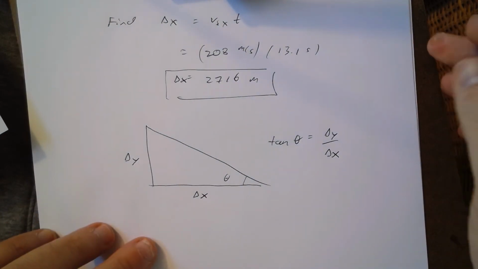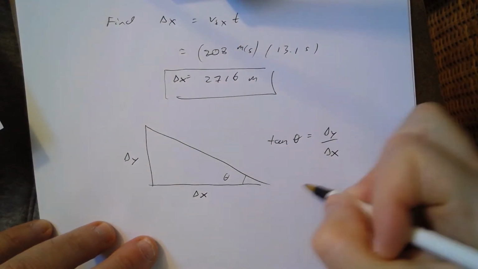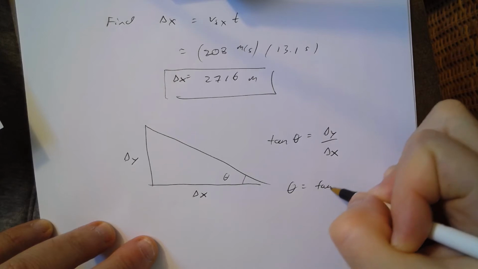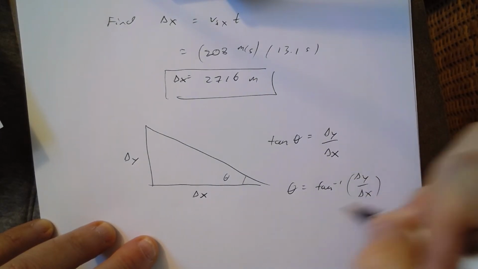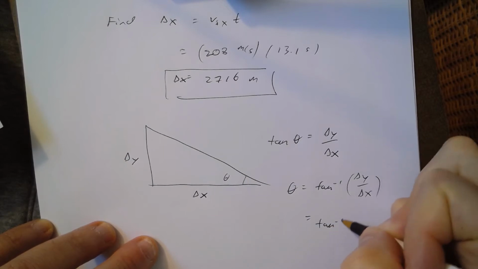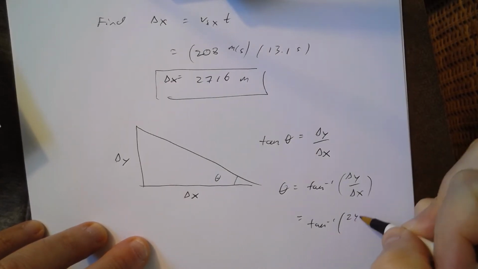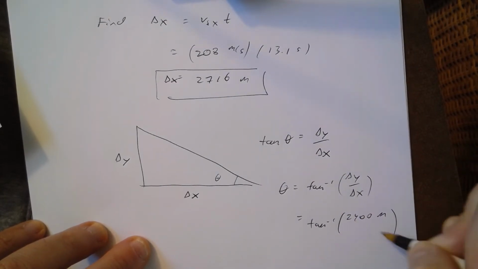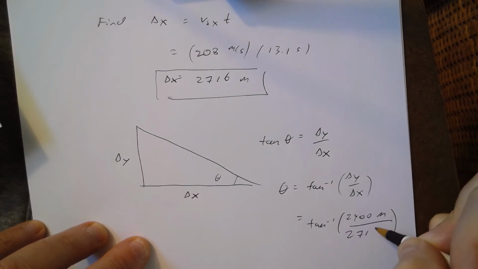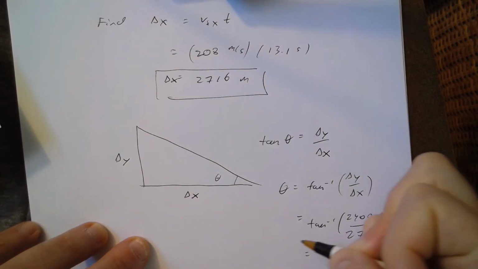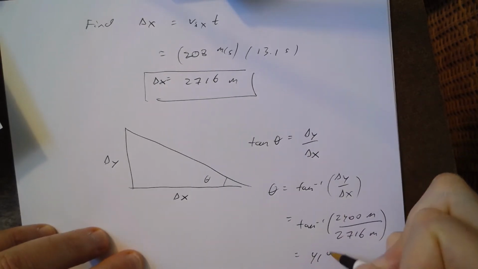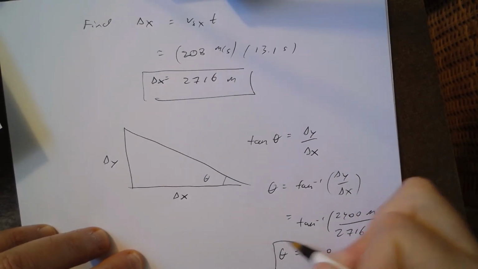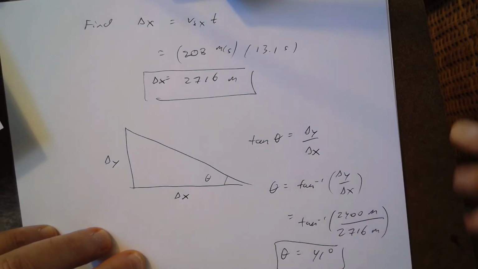So theta must be the inverse tangent of delta y divided by delta x. Delta y was 2400 meters, delta x 2716 meters. When I do that, I get the angle of the line of sight, theta, to be 41 degrees. So that was one of the things the question asked for.